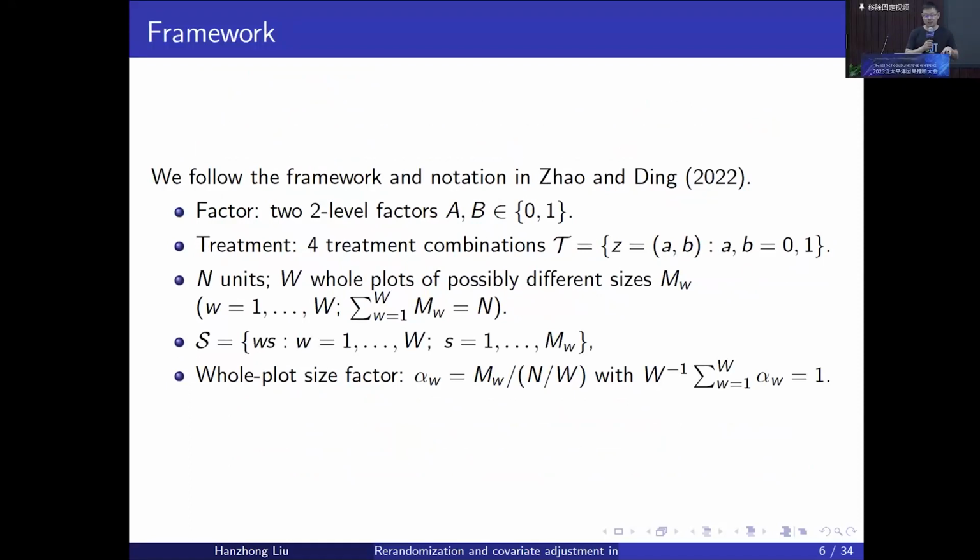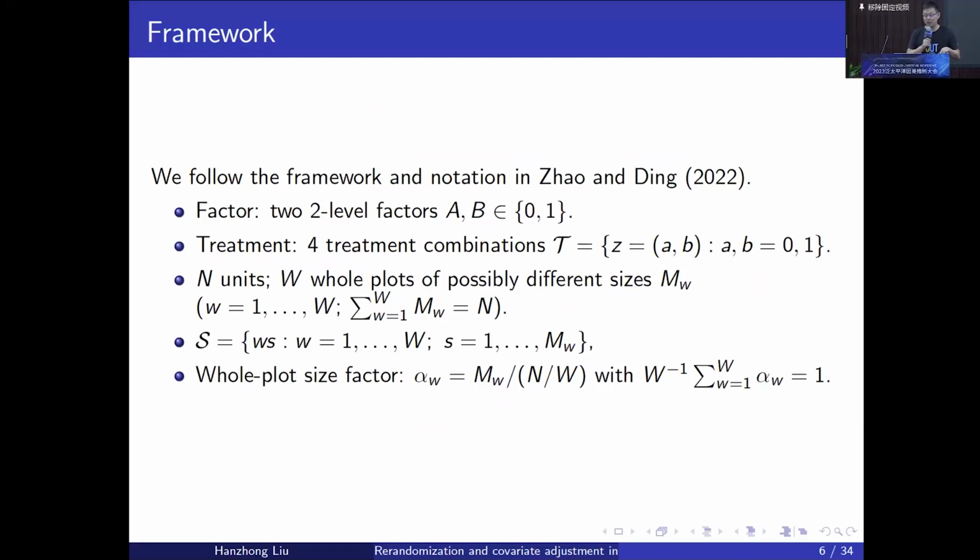Consider a split plot design with two factors of interest denoted by A and B, taking values in 0 and 1. This generates four treatment combinations denoted by Z equals AB, where A and B index the level of the factors A and B respectively. Consider a population of N units nested in W groups with possibly different sizes M_w.